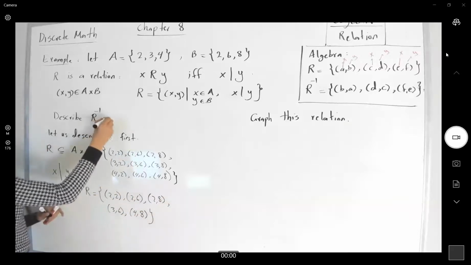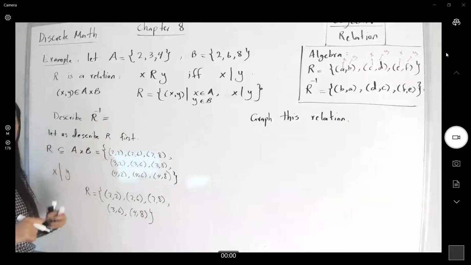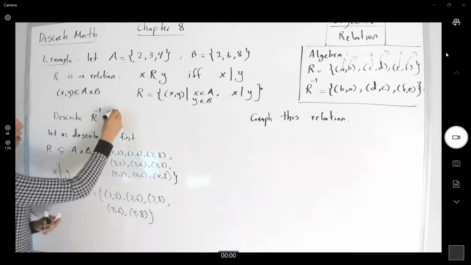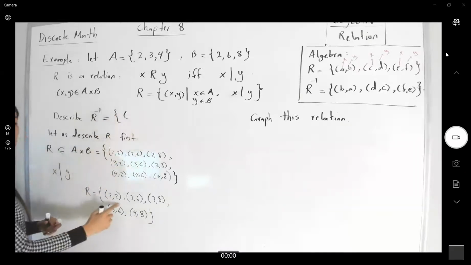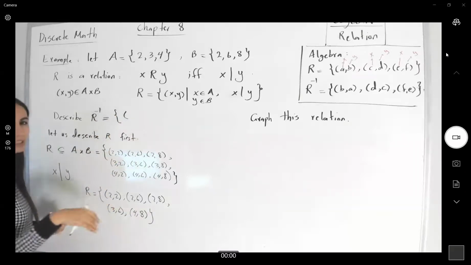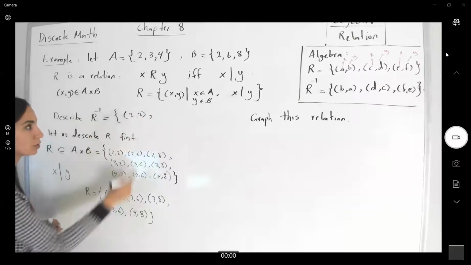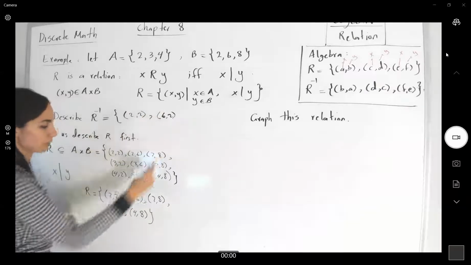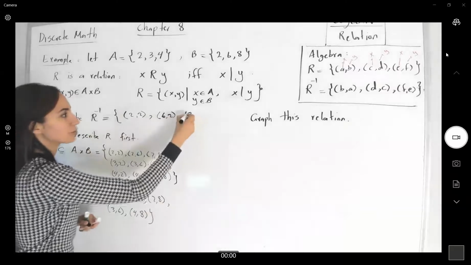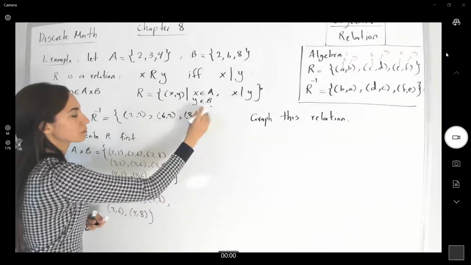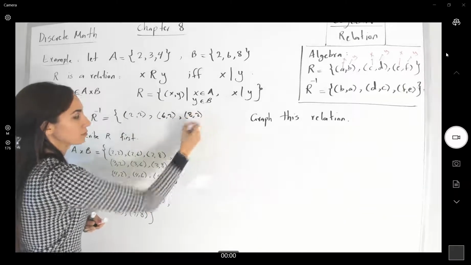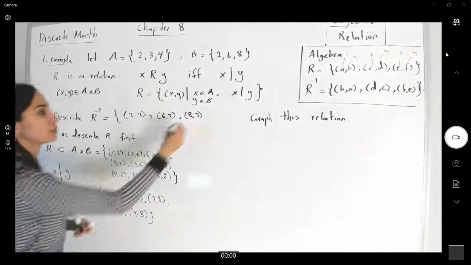So this relation has these points. We can easily describe the inverse of this relation by switching X and Y's. For the first point, it doesn't matter. You have 2 and 2. For the second point, you get 6 and 2. For the third point, 8 and 2. Then you have 6 and 3.